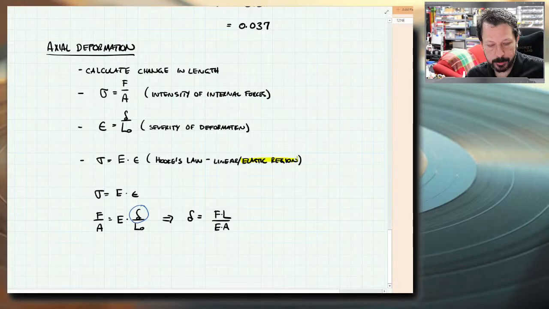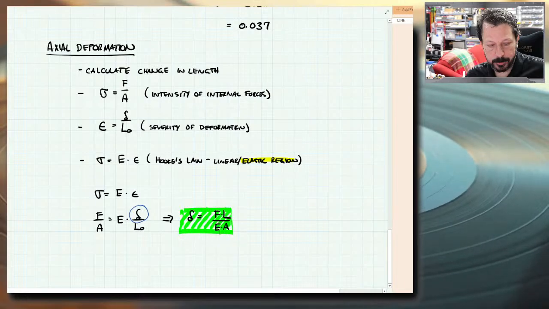And we are making assumptions here that things have uniform cross sections. In the real world, parts are not just rectangular for their whole cross section, and they're not just a rod for their whole cross section. So we are kind of ignoring some of the changes in the cross section. We're going to take that into account in a minute, but for this axial deformation equation to work, I do need to have all of these constants.